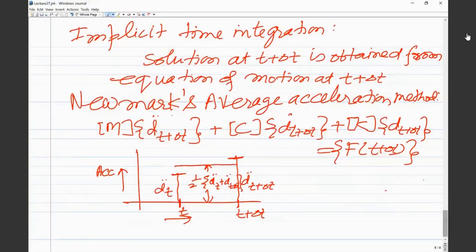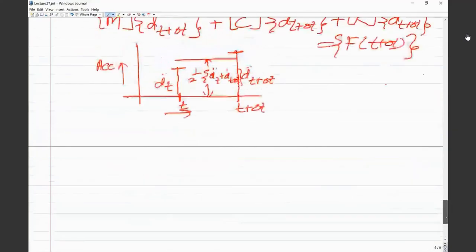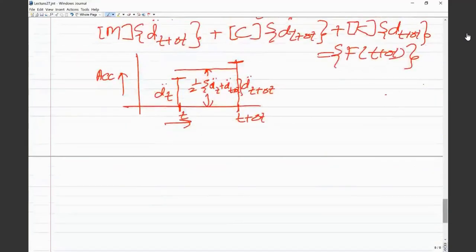Now again, because we are solving this as a discrete problem, you need additional equations. You need to write d dot at t plus delta t in terms of d at t plus delta t, and similarly d double dot at t plus delta t in terms of d at t plus delta t. So we make use of the concept of average acceleration.